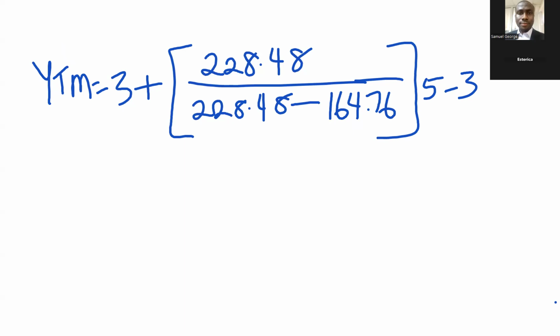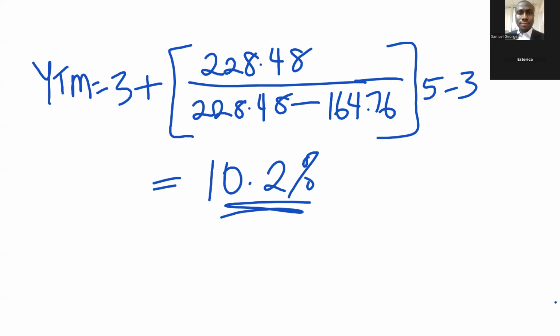That is 10.17, approximately 10.2% yield to maturity. Please, when you are punching this calculator, endeavor to follow the rule of BODMAS so that you get the correct figure.